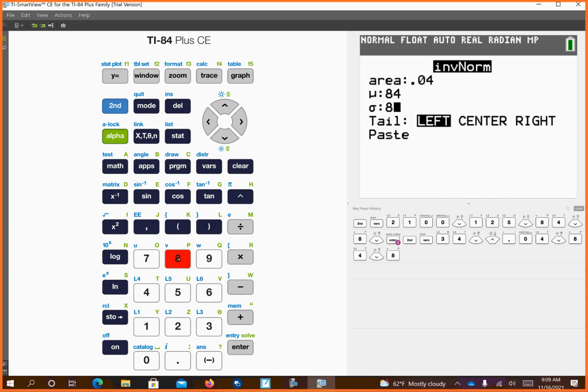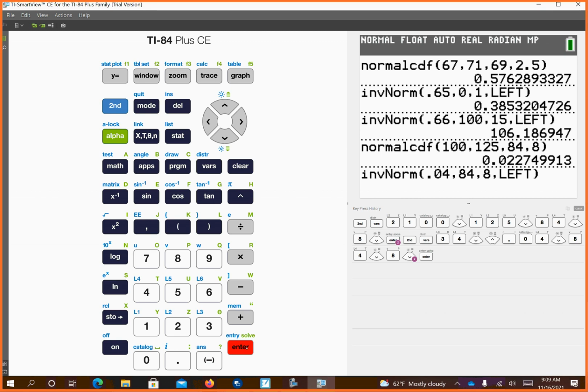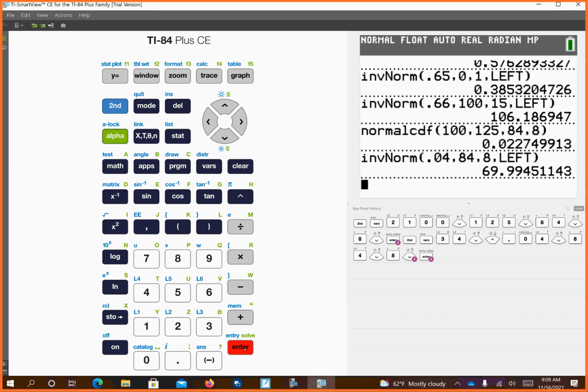And again, we want it to the left, because it's the area to the left. Don't worry about the other two. So you're talking about a blood sugar of approximately 70 as the top end of your hypoglycemic range.